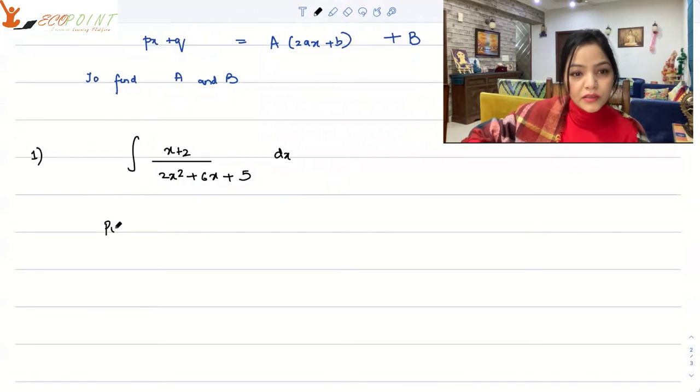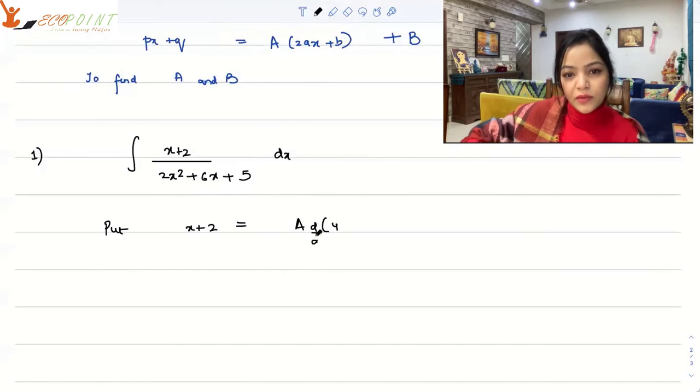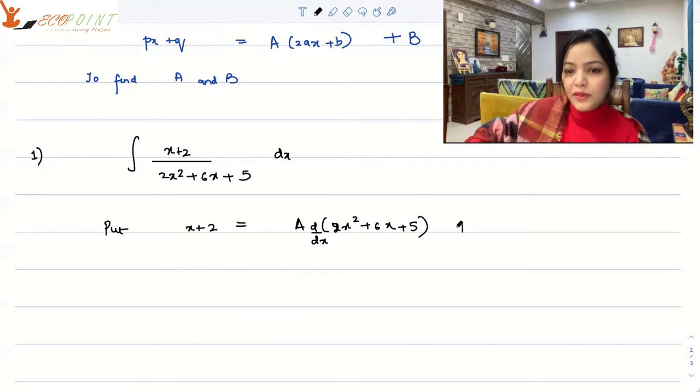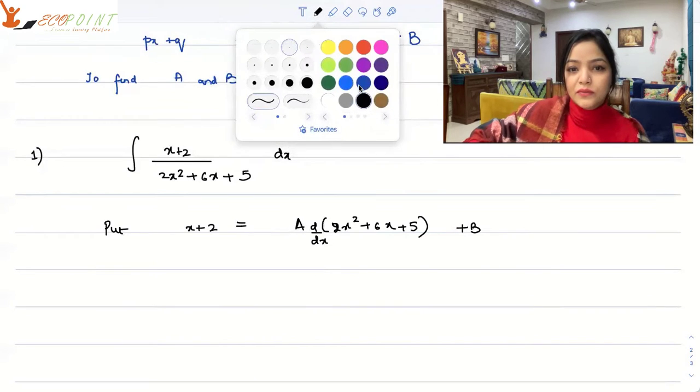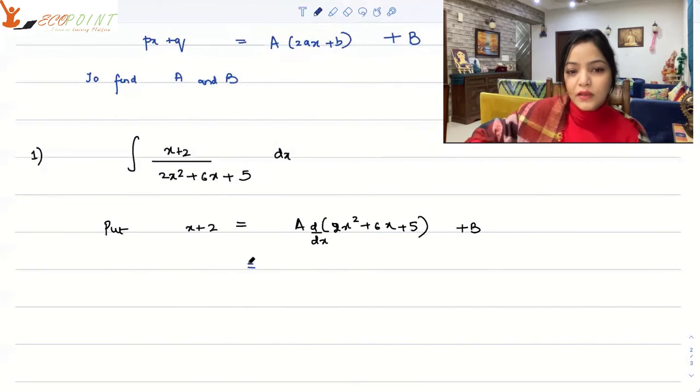You got to put x plus 2 as a times d by dx of 2x square plus 6x plus 5, plus b. In other words, what we are doing, we are equating it to a times (4x plus 6) plus b.